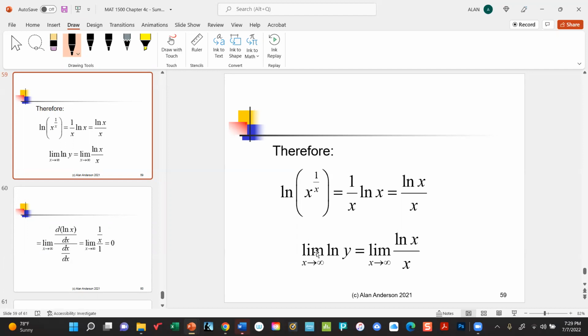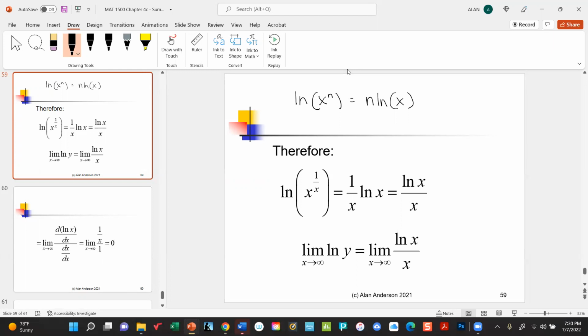Just as a reminder, when you have something like log of x to the n power, you can rewrite it simply as n log x. So that's what happened here. We've got log x over x. But remember, this is not the original function. This is the log of y.